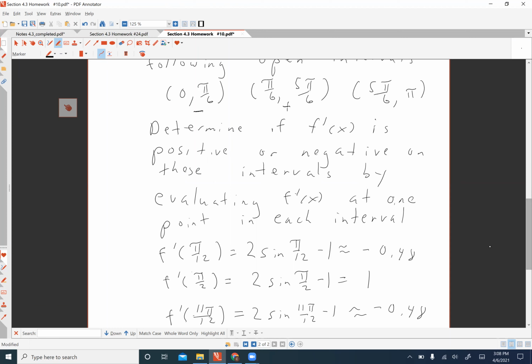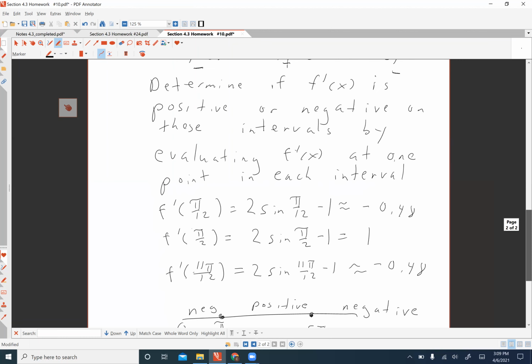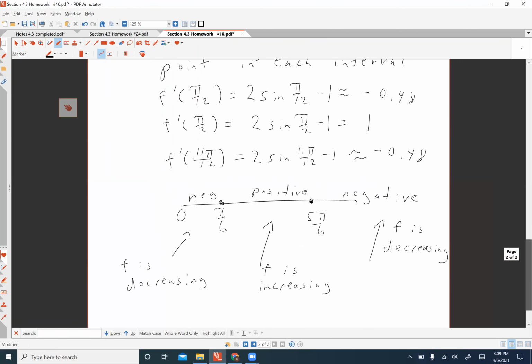It should be the same as for pi over 12. And once again, I get negative 0.48. And so to the right of 5 pi over 6, the derivative is negative. So it's negative, we get to pi over 6, it goes to positive. And then we get to 5 pi over 6, it goes back down to negative.